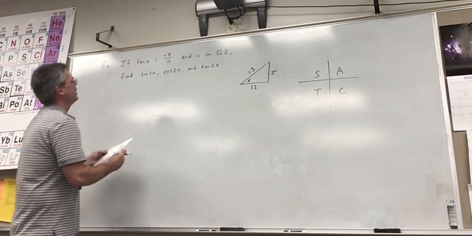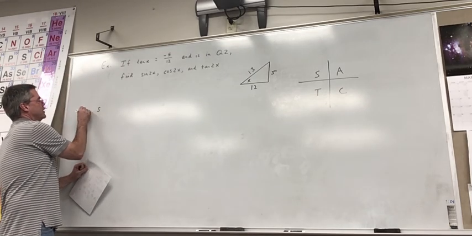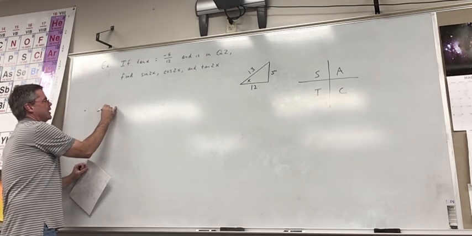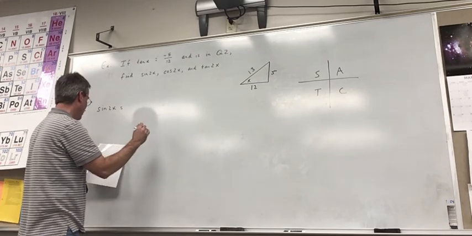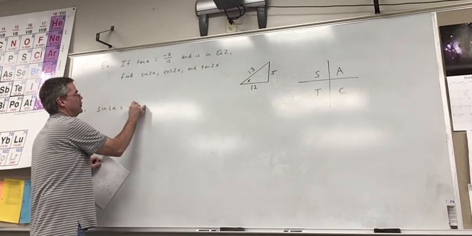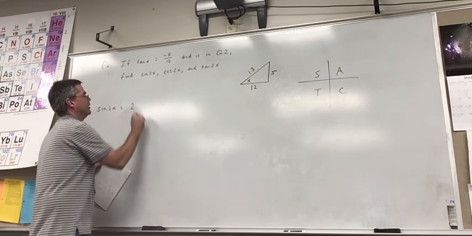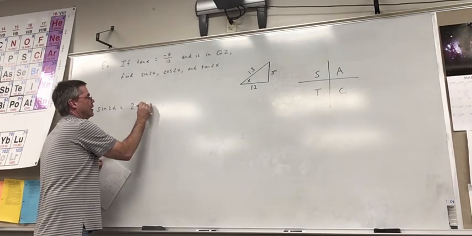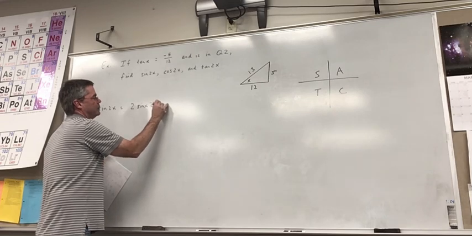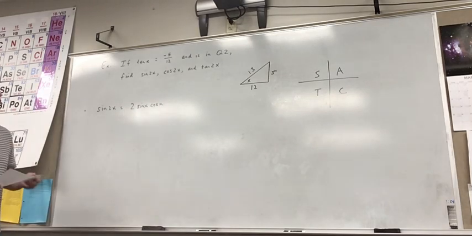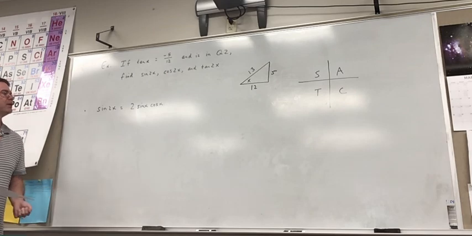Okay, so first of all, let's get sine of 2x. So sine of 2x is equal to 2 sine x cosine x. That's just from the formula sheet.